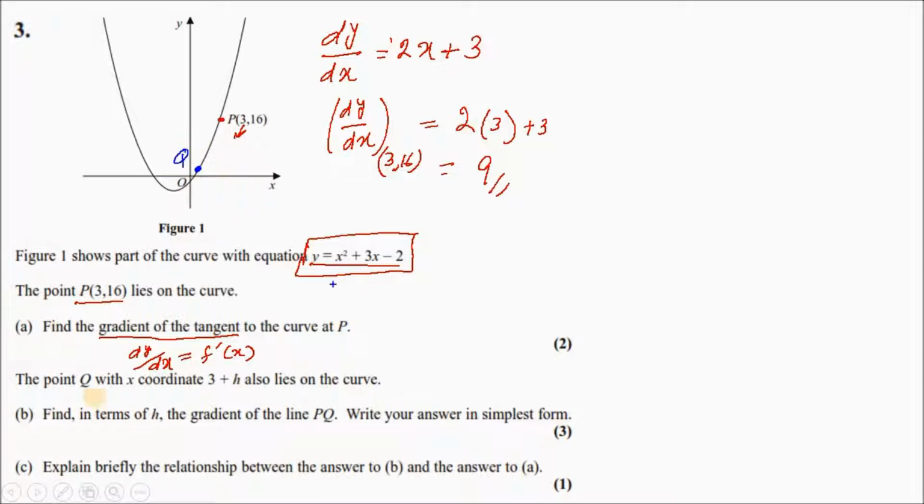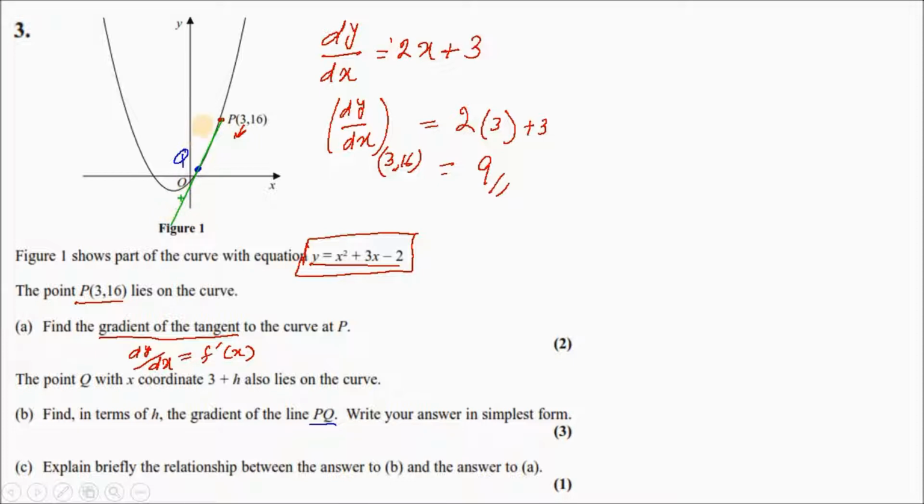And we need to find the gradient of PQ. You can visualize that if you join P and Q, we have a line something like this. And this line is passing through 2 points on the curve.